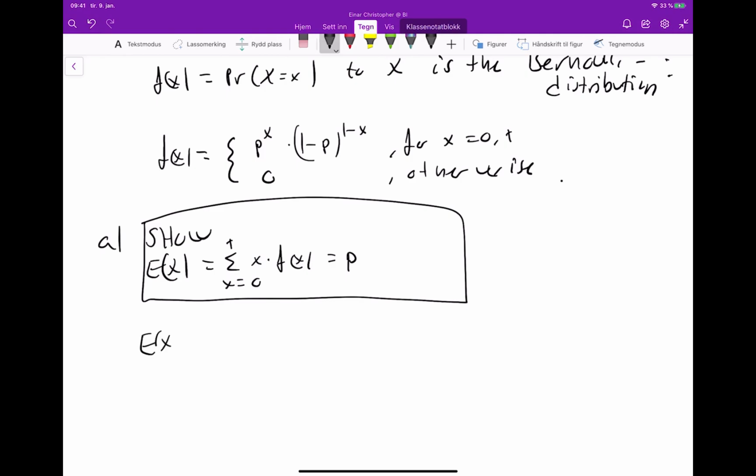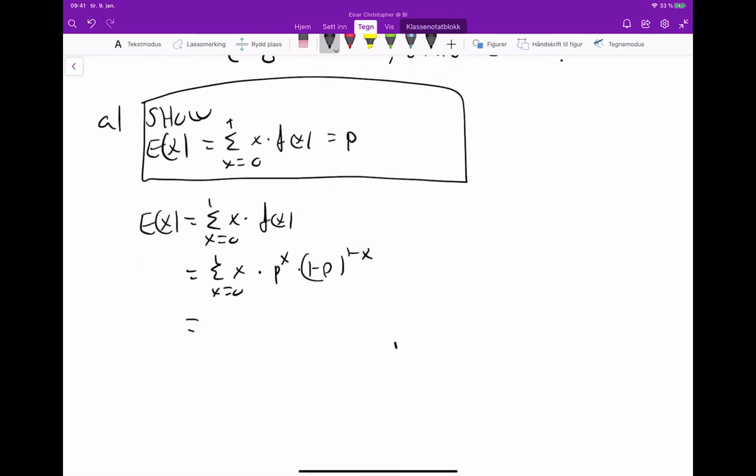We start with what we are going to show, namely the sum x equals 0 to 1 x times f of x. And then we know what f of x is, so we can write this as the sum x equals 0 to 1 x times p in x times 1 minus p in 1 minus x. And then we can write out the sum.